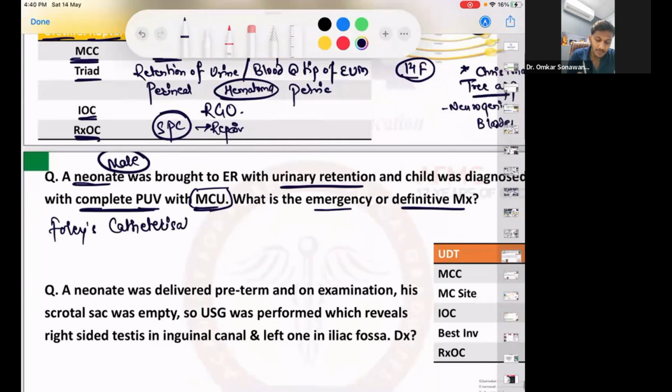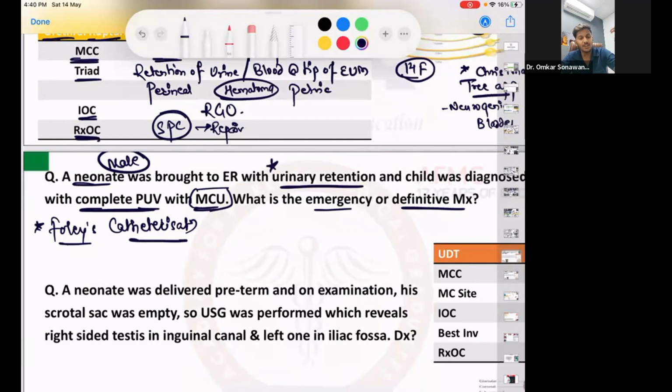Please remember, if a male neonate was brought with urinary retention, and if it is a complete valve, the child would be presenting in the neonatal period. If there is complete obstruction of the urinary stream, the child will be brought to you in the neonatal period with complaints of urinary retention.